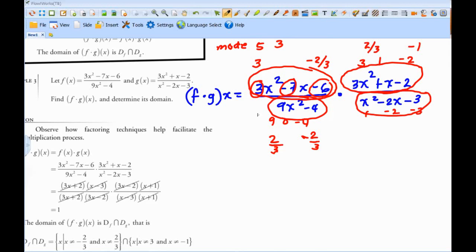Again, press mode 5, 3. So 1, negative 2, and negative 3. So it will be 3 and negative 1. Press equals equals, okay? So look at this. I will show how to get these as factors.